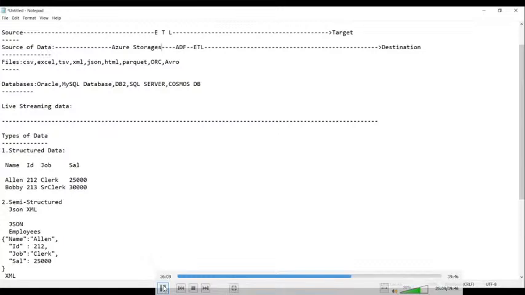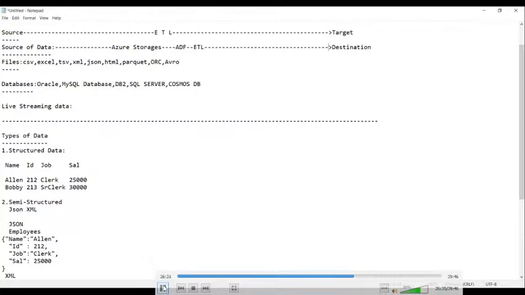From the Azure storages, the data will be picked up by ADF, that is Azure Data Factory, and then ETL will be performed using Azure Data Factory, and finally the data is sent to the destination.